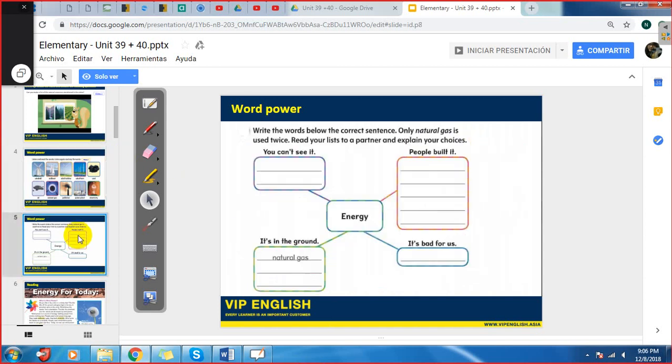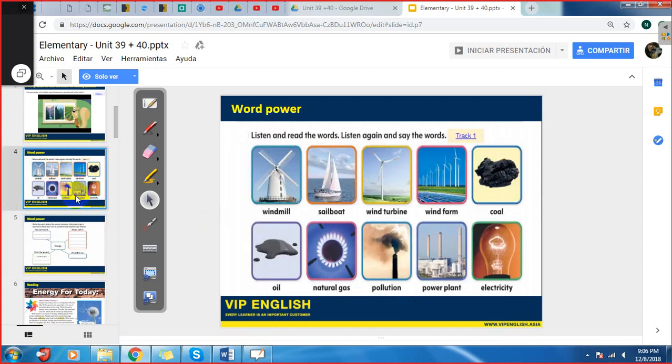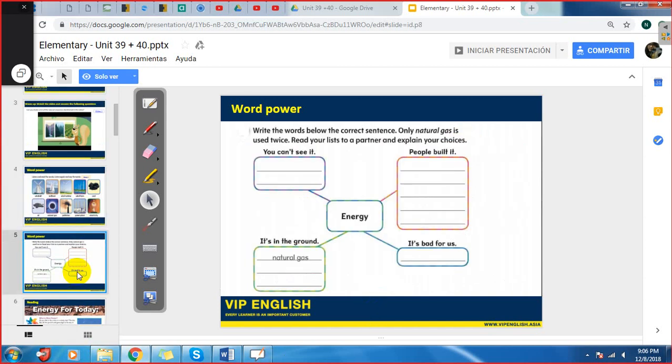Okay, very good. The energy words are separated into: you can see it, people build it, it's bad for us, and it's in the ground. Please separate those words into these groups.